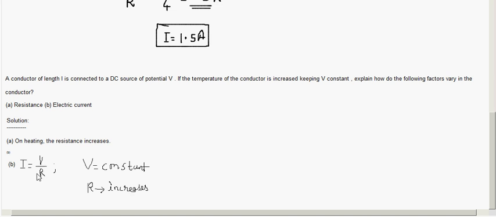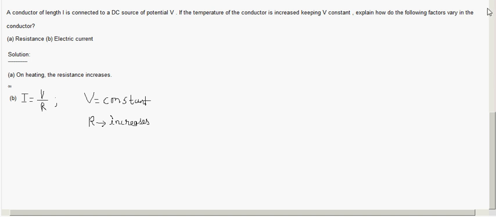Because the denominator increases, the current decreases. So on heating, I decreases. The electric current in a circuit decreases.